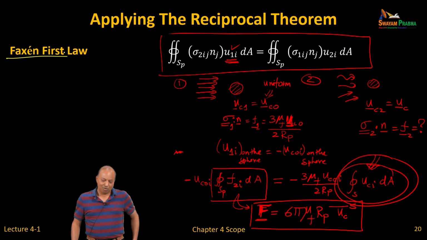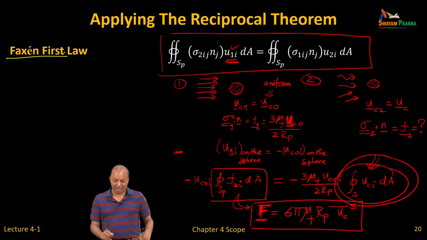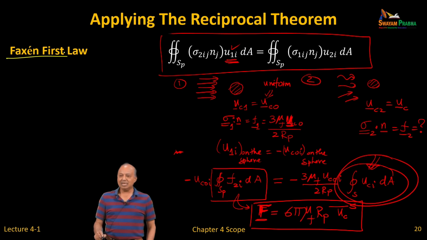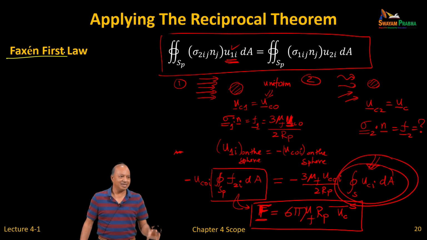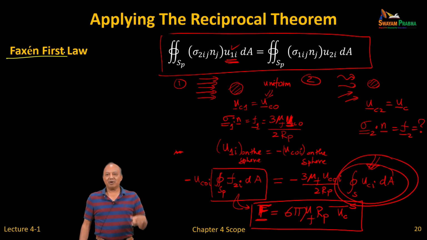What Faxen said, in the previous problem I said, if you have a complicated Stokes flow, let's Taylor series expand and look at just the uniform part, rotational part and straining part. And Faxen said, I don't need all those things.